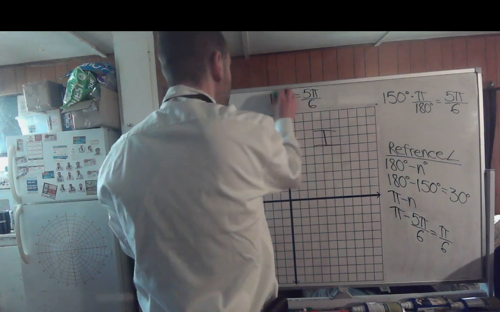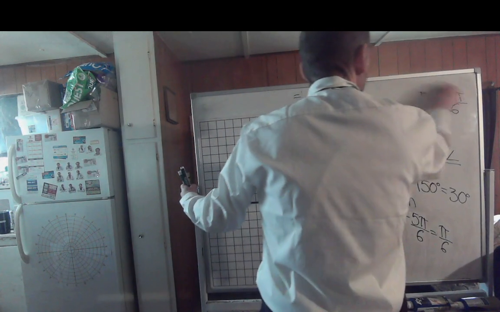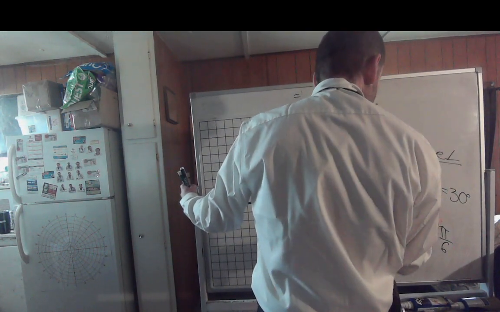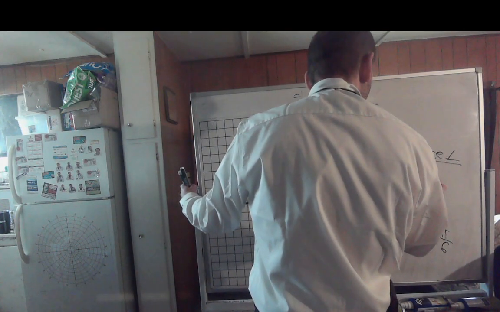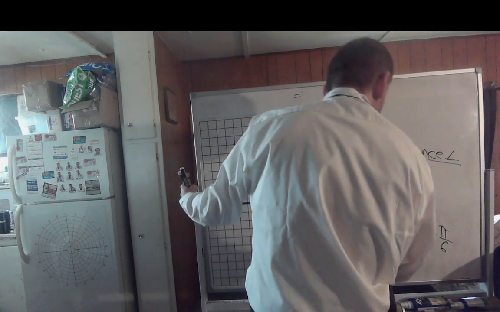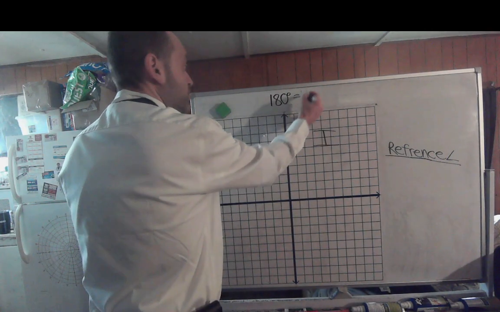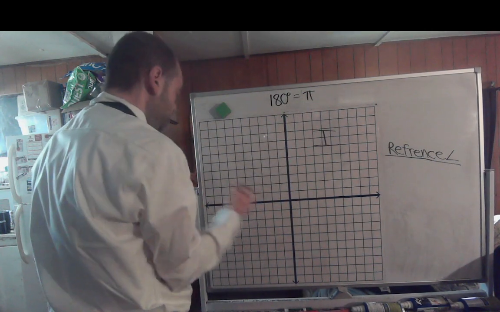And of course, why don't we sketch 180 degrees? I think it's pretty clear what your reference angles are going to be in this case. So let's do 180 degrees, which we know to be pi radians.